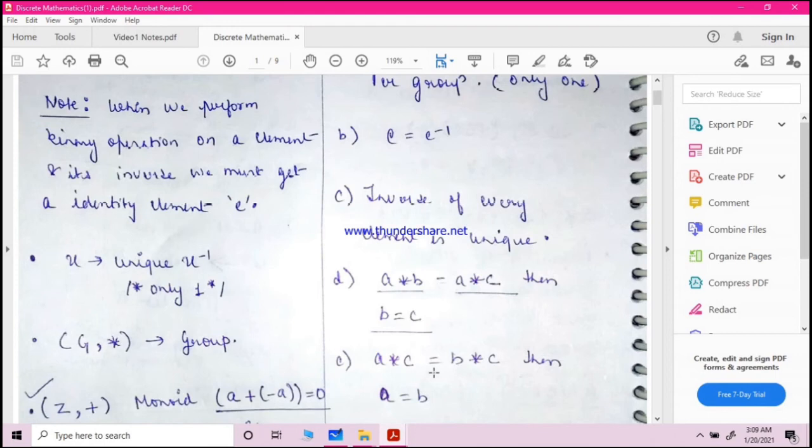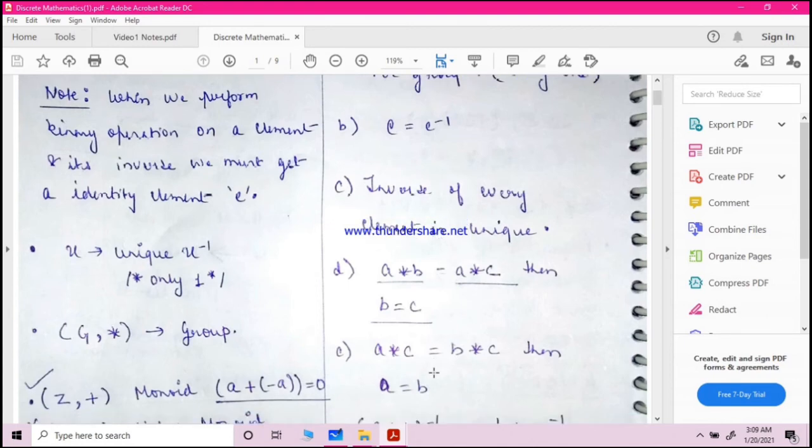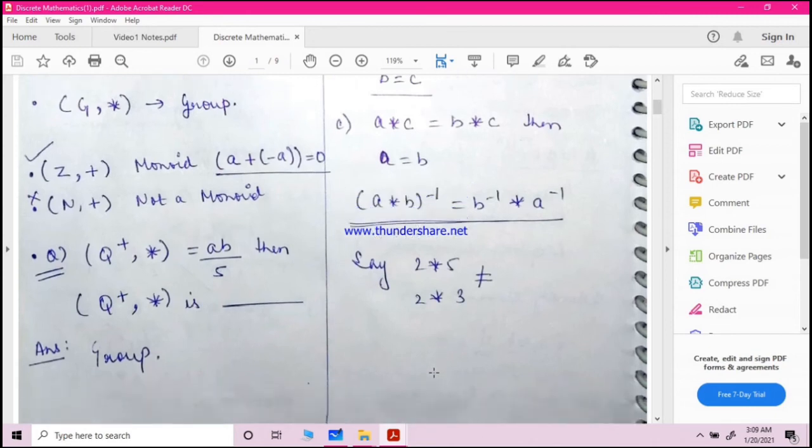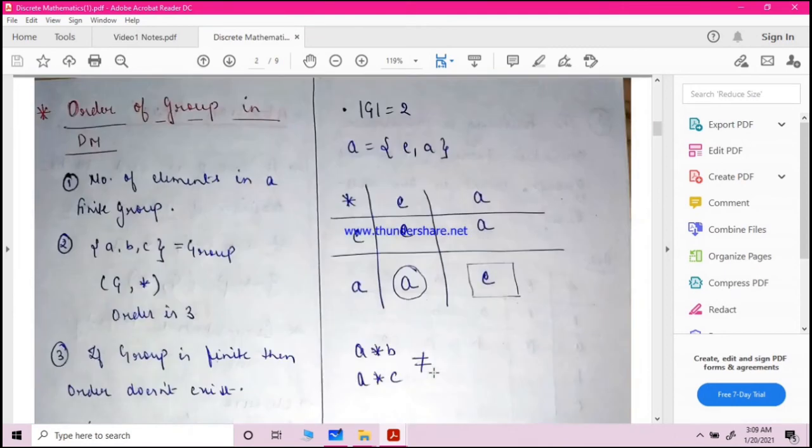No two different numbers can give you the same result using the same operation. If you are performing 2 into 5, you're getting 10. If you're performing 3 into 5, you cannot get 10. So that is the concept. And if you're getting a 10, then that 3 is equal to 2.